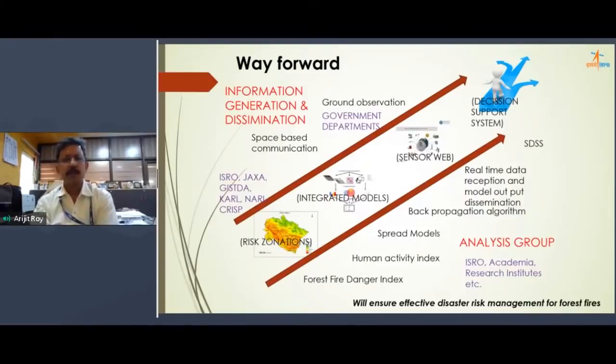For this, we need information from space, we need information from the ground, and we need a group of people, both from the scientific community, academia, and the line departments, to work in tandem to provide a good working model for a good decision support system, which will help us to preserve our environment as well as our forest resources from the vagaries of forest fire.